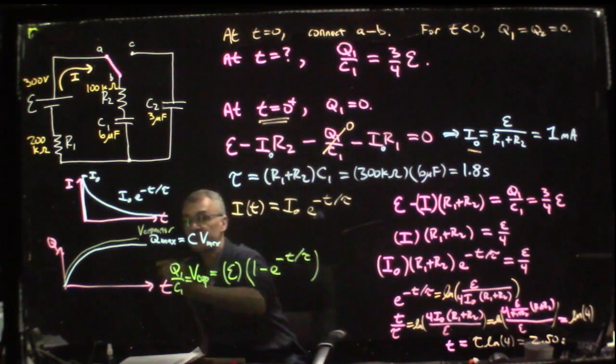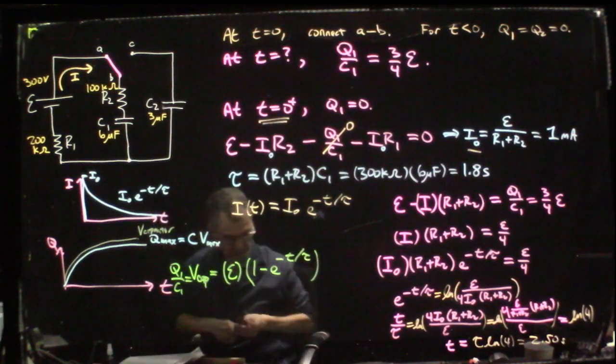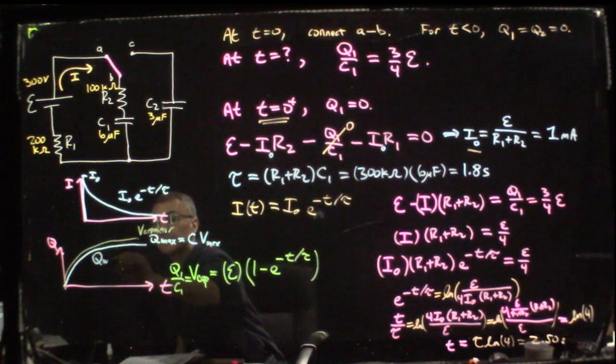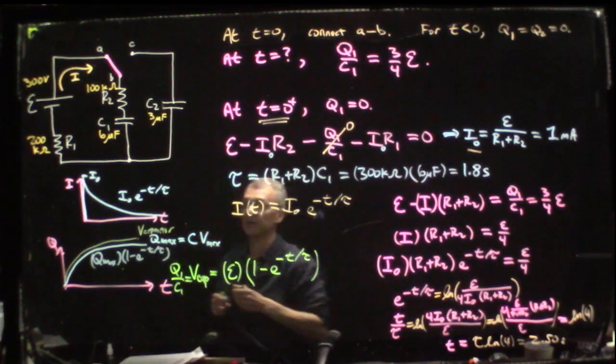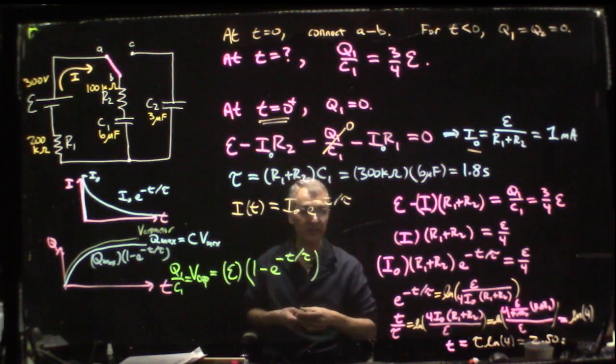Oh, by the way, this shape, I'll write this in blue. This shape is Qmax times 1 minus e to the minus t over time constant. That's for charging up. So that's actually more direct.